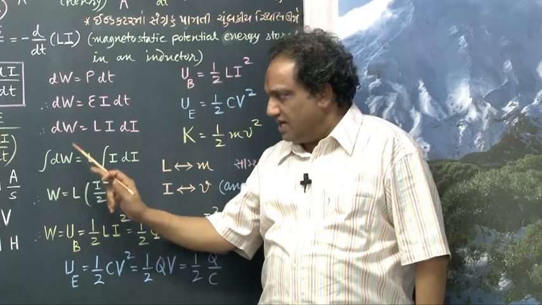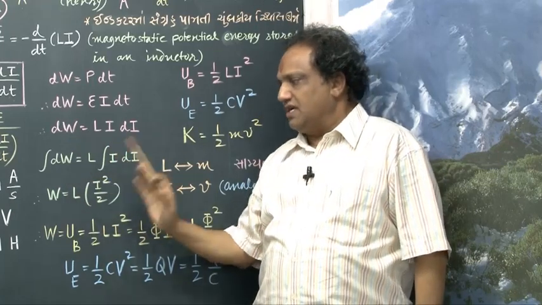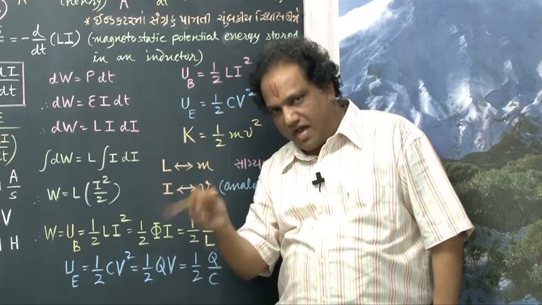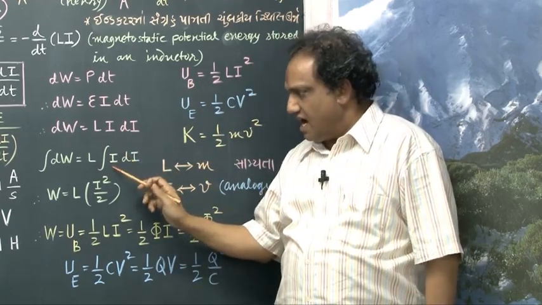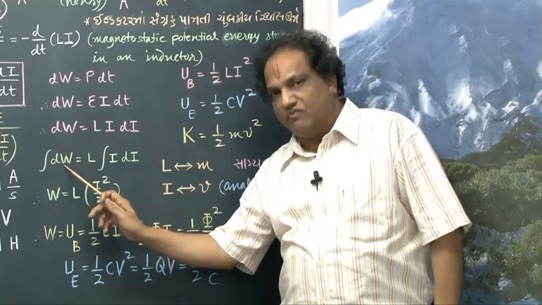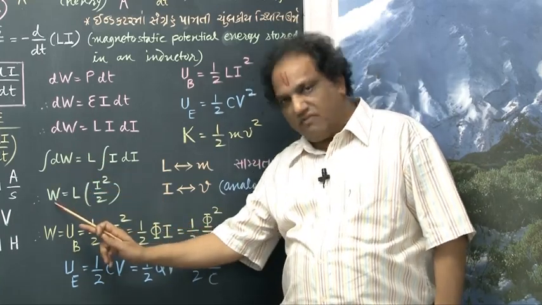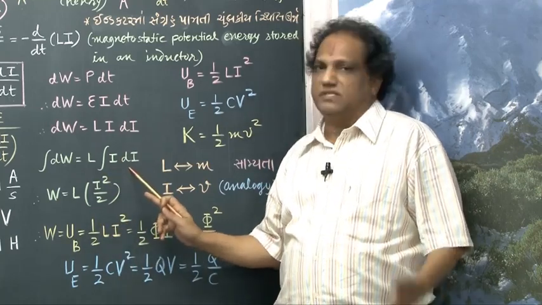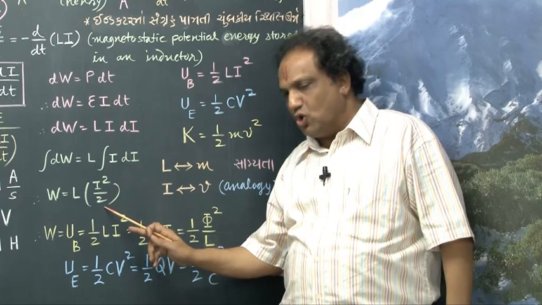So here, integration of dW, because L is constant, taken out, integration of I di. Now the summation of partial amounts of work done will give you the total work done. L as it is, integration of I di is nothing but I square by 2.